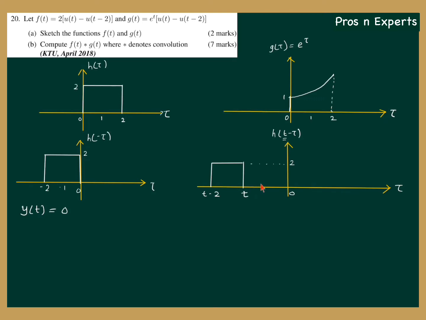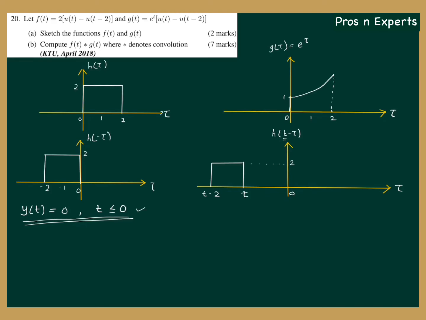So up to what value of t does this product remain 0? Obviously up to t equal to 0. So y of t will be 0 until t is less than or equal to 0. So that must be our first condition of output, y of t equal to 0 for t less than or equal to 0.